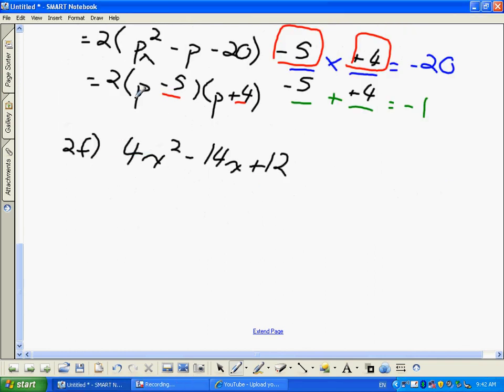So, technically, I look for the coefficients. I look for a common factor between all of these. I can take 2 out of all of these. When I take 2 out, I get 2x squared minus 7x plus 6. Okay? So I've taken that 2 out.